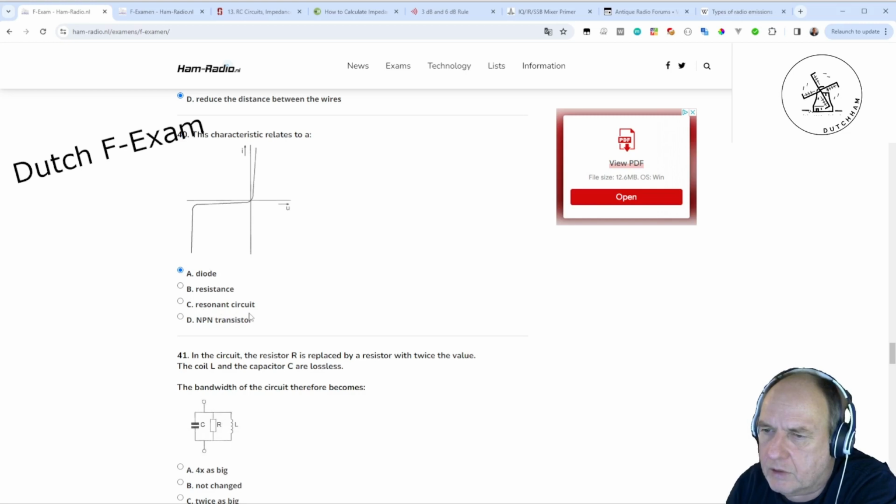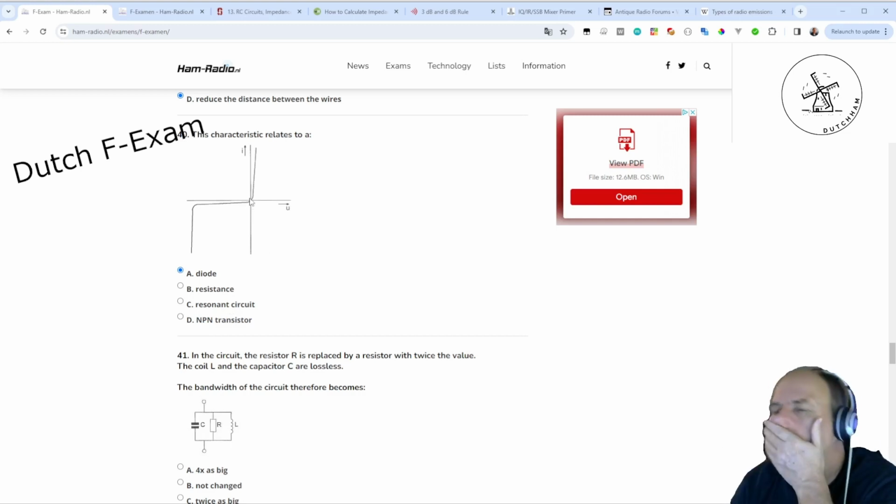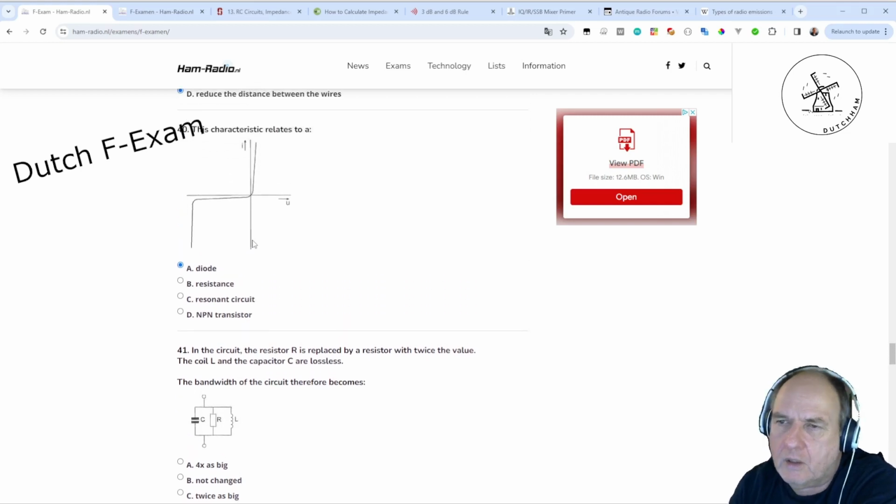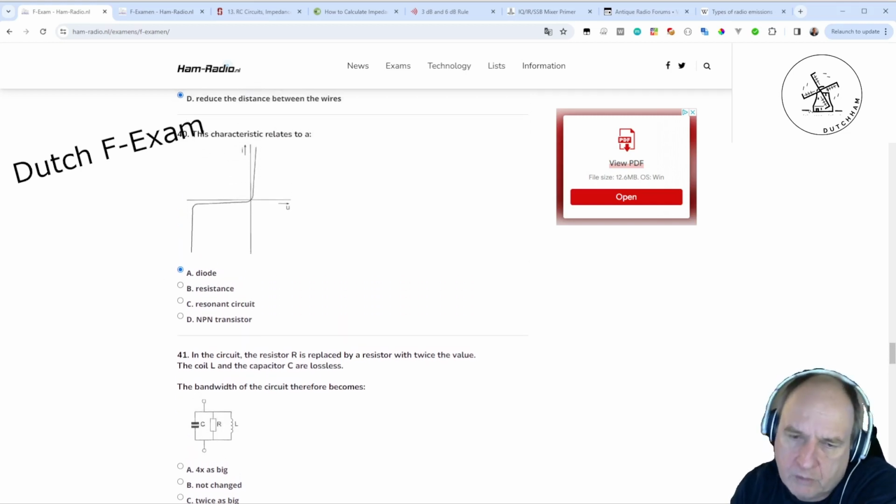Resonant circuit also doesn't make sense. And I would think for an NPN transistor, I think the line would be a little bit more, because this is not really an ideal working line, so I go for a diode. Okay, that was question 10 already. Just keep it under 20 minutes.